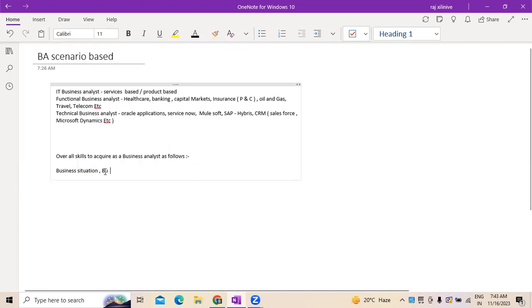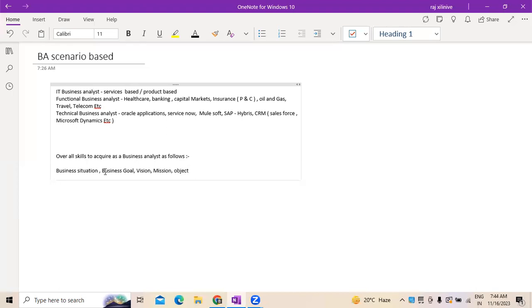Next, we need an understanding of the business goal, vision, objectives, need, and scope, right? So this is the first thing which we must be good at.